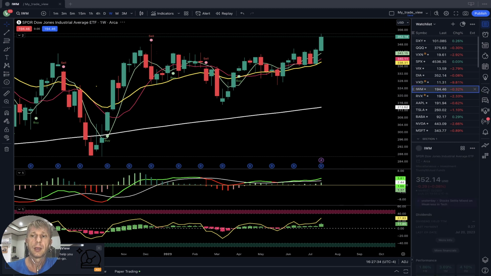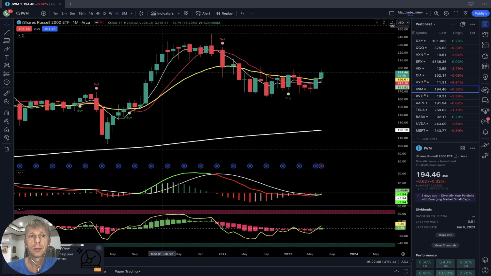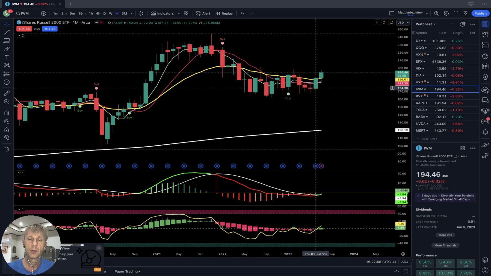Let's move to IWM, Russell 2000. Let's start weekly. Nice green week. It's a tail bar week. We'll see, bullish trend on the weekly time frame. No changes for the last couple weeks. Monthly time frame. 2 months ago it was very oversold.